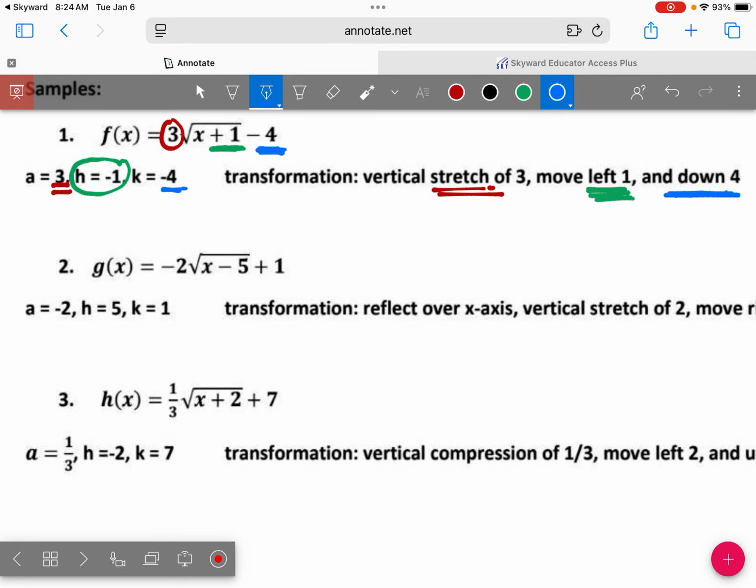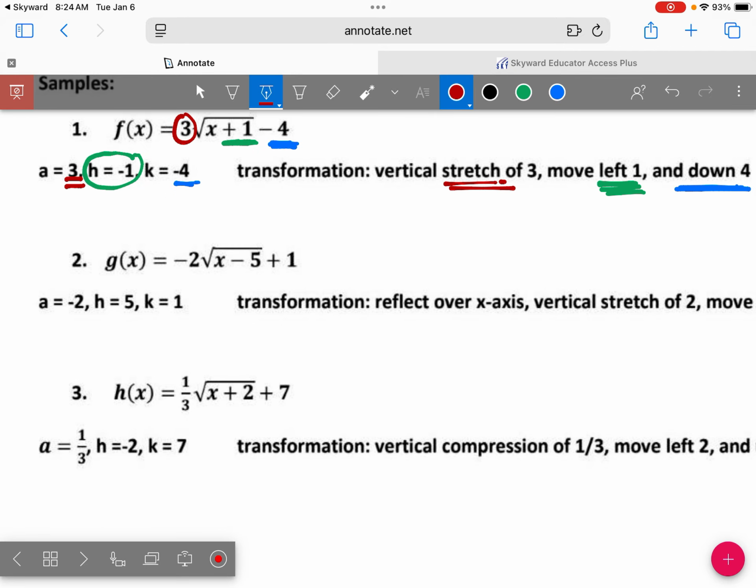All right, let's look at number 2. In front, we have a -2. That made it do 2 things. It made it reflect, and because it was a 2, and 2 is bigger than 1, it also made it stretch. So that transformation made 2 changes. That's what a transformation is, a change.